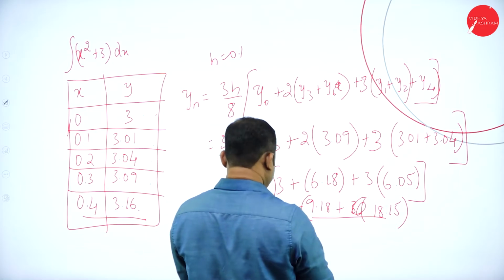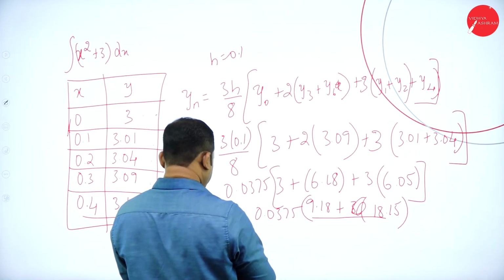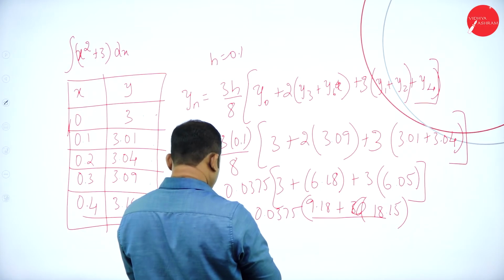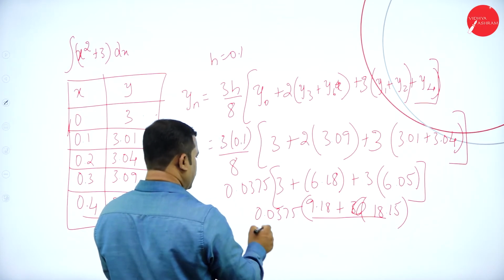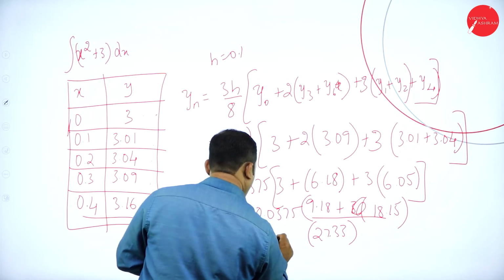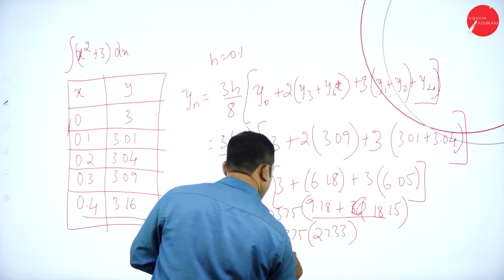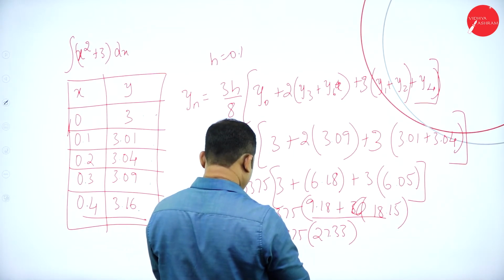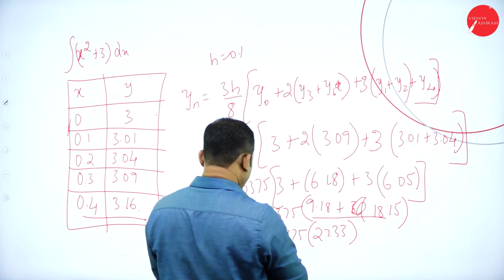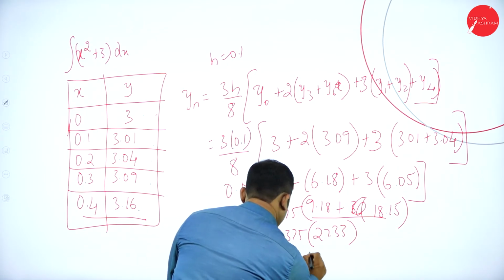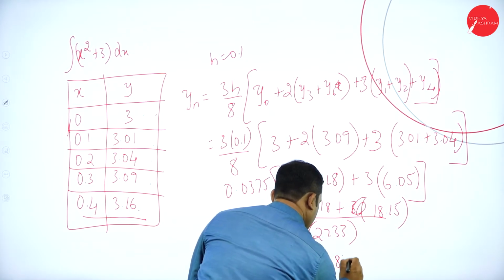If I simplify this term, that is 9.18 plus 18.15 is equal to 2733 by 100, which is equal to 27.33, into 0.0375, which is equal to 8199 by 8000, which is equal to 1.024875.